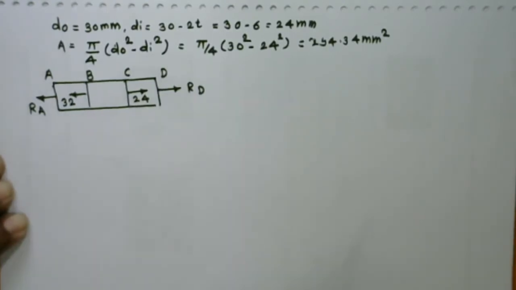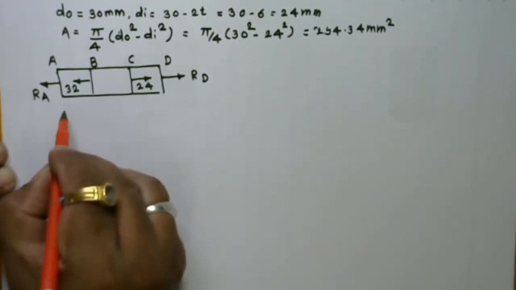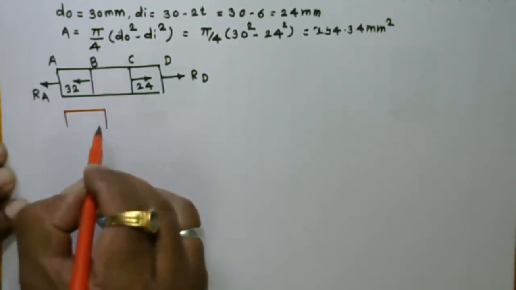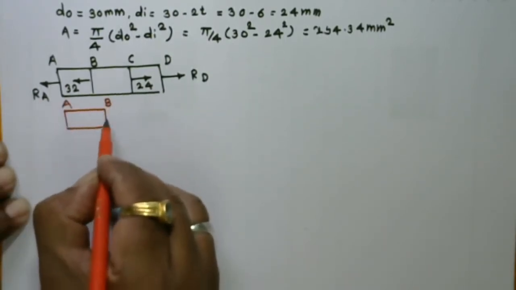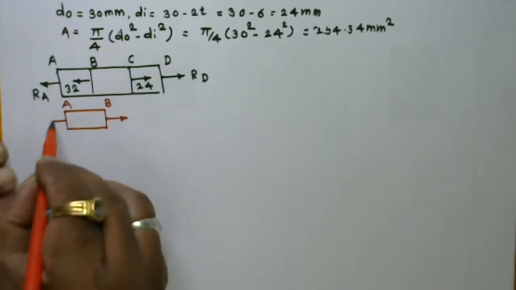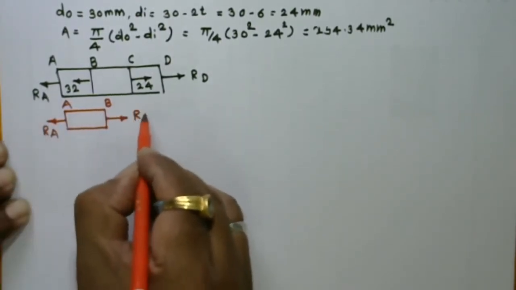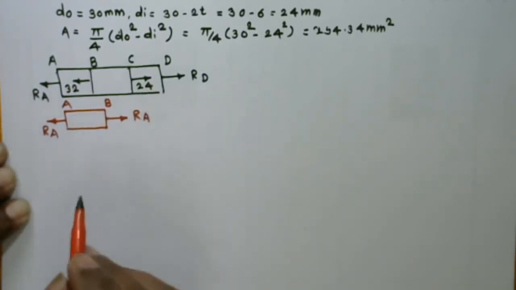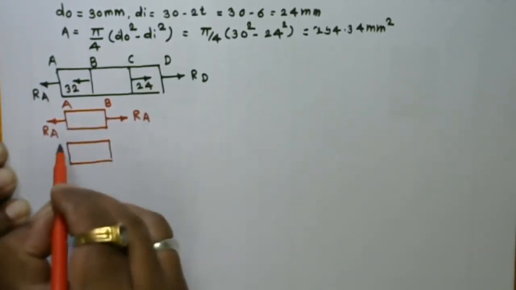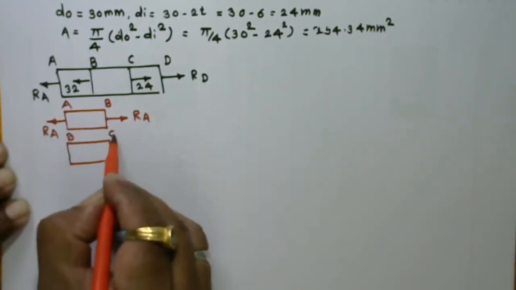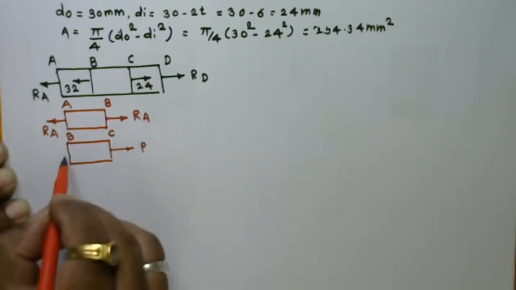According to our superposition law, we may say that on section AB, there is RA, and at BC, we may say force P is acting.